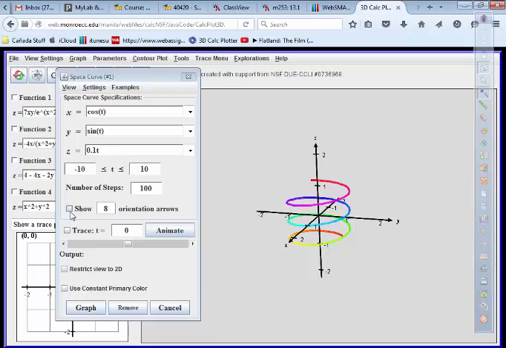And we'll see later on that the direction is going to be important for us. So you can show orientation arrows so that you can see which way the graph is going. And then we can also trace and animate to look at how the graph is being drawn for different values of t.